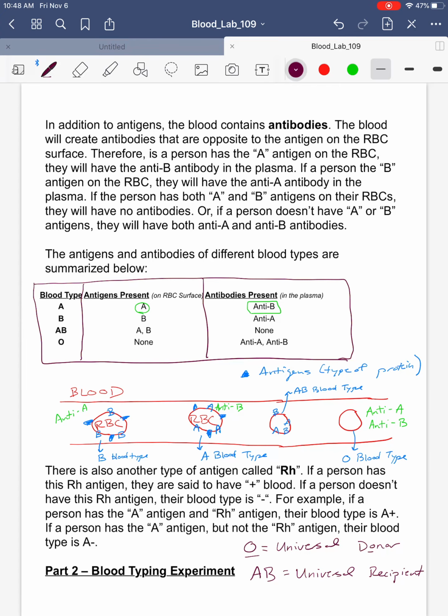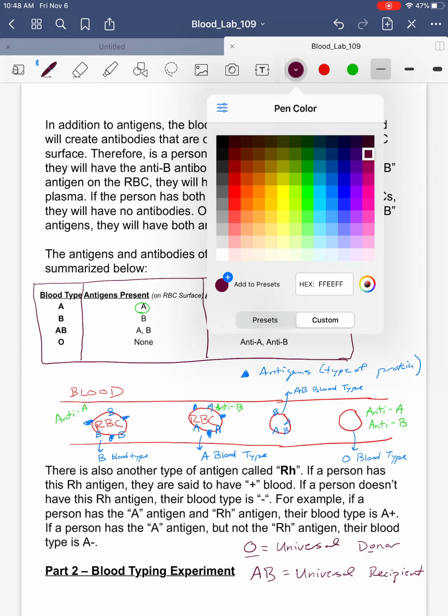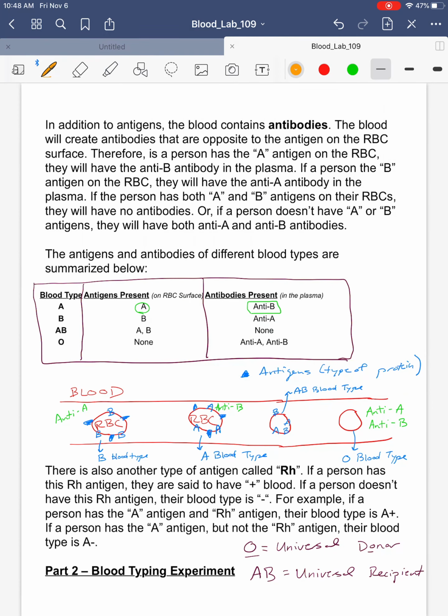Okay, the last thing to talk about, what color can I pick? Let's do orange. Last thing to talk about is the RH. And this determines whether your blood type is positive or negative. So here we go. There's another separate series of antigens called RH.